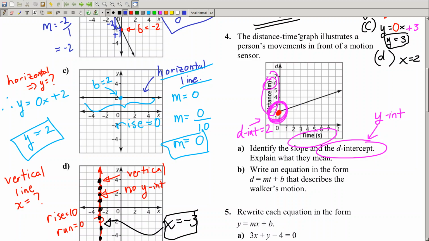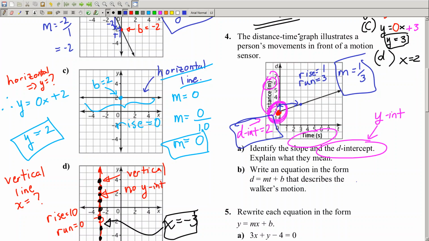Well, it's at the corner over here. That's a nice point. So all I need to do is analyze the rise and the run from red to blue. Well, I go up 1, and over 3. Run is positive 3. So my slope, guys, is going to be 1 over 3. So I've got the slope, I've got the y-intercept, I'm done.